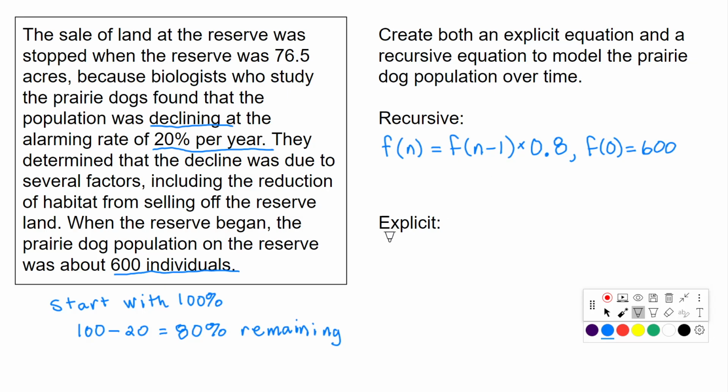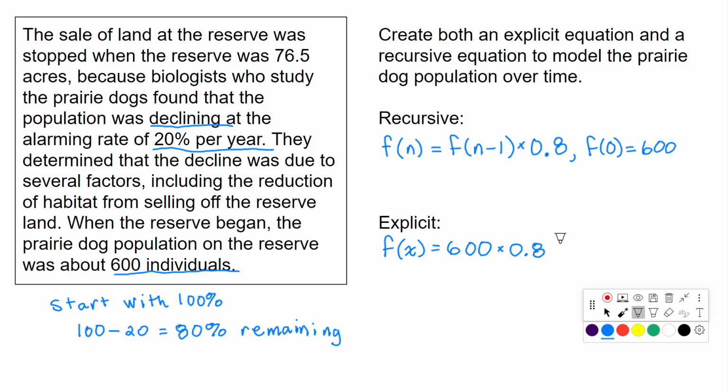For the explicit, we're going to have f of x equals the amount we started with. So that's 600 times our common ratio, or what we like to call the multiplier, which in this case is 0.8.